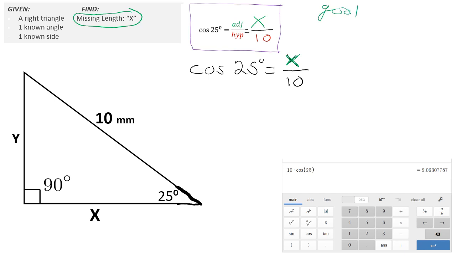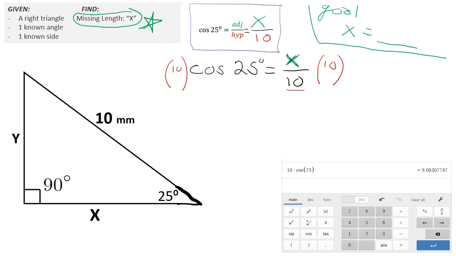Our goal is to isolate the x to get an x equals whatever that's going to be, because that is what we're being asked to find. So we need to use algebra. In the previous example, I just multiplied both sides by this denominator, and that would have given us 10 cosine 25, because remember, I need you to think of cosine 25 as its own value, its own number, equals x.